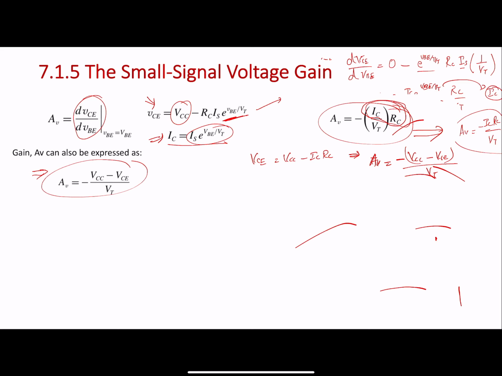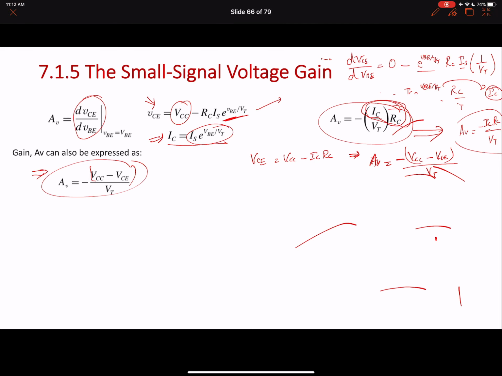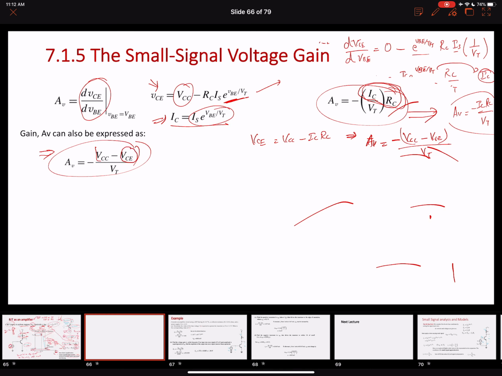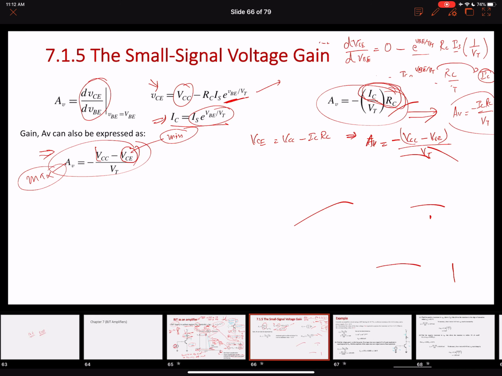One interesting thing we can see is, what will be the maximum value of the voltage gain and how can we find it? The maximum value of the voltage gain will be when our VCE is minimum, right? That is, when the value being subtracted from VCC is the smallest. What is the minimum value of VCE that we can have in the active mode of operation?